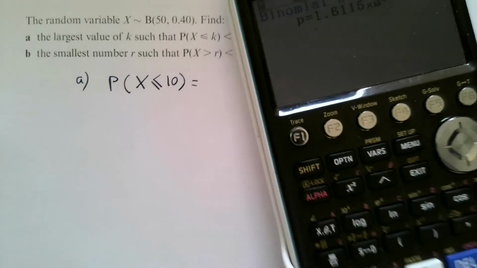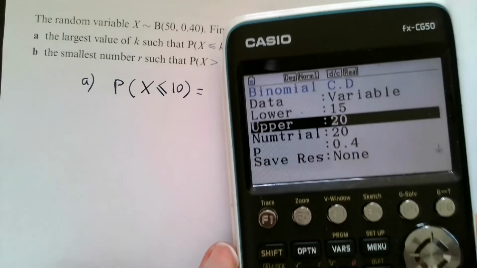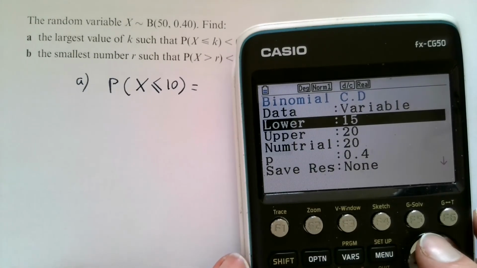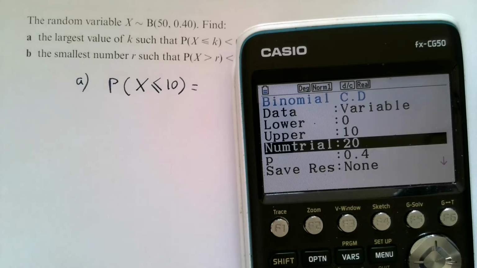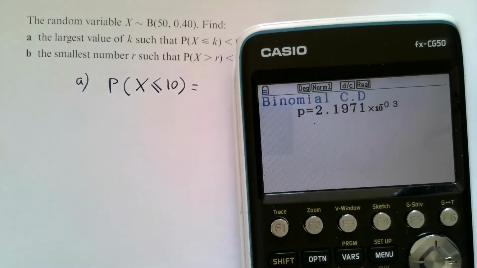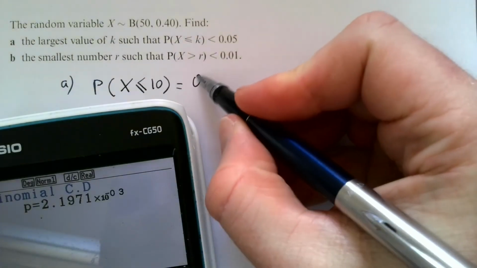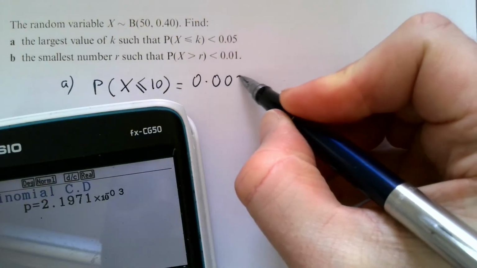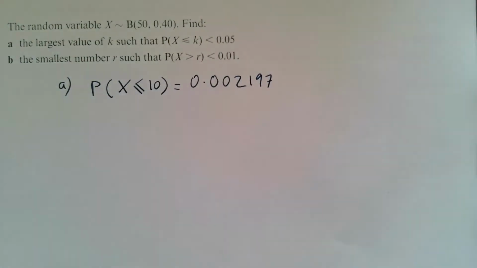So into the calculator, and we just change all of our data so that our lower value is 0 and the higher value is 10, but the number of trials is 50 and the probability is still 0.4. So that's giving me 0.00 to the negative 3, so that is 0.002197.